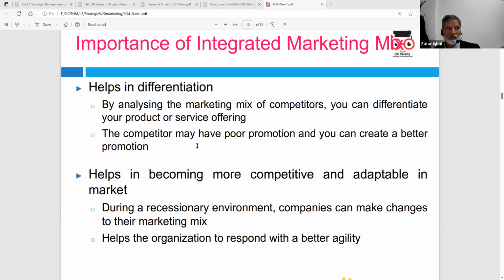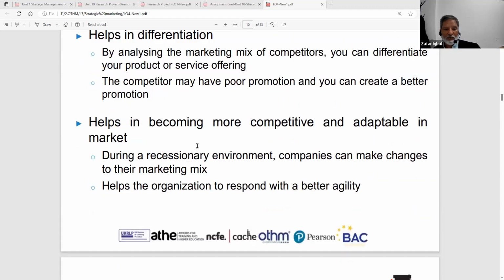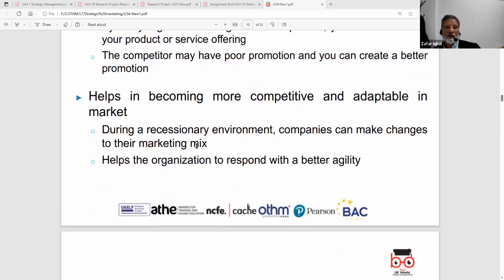Okay, you differentiate according to age, maybe income, and so on. And the last one is that you become more competitive and adaptable in the market by creating some kind of changes to the marketing mix.